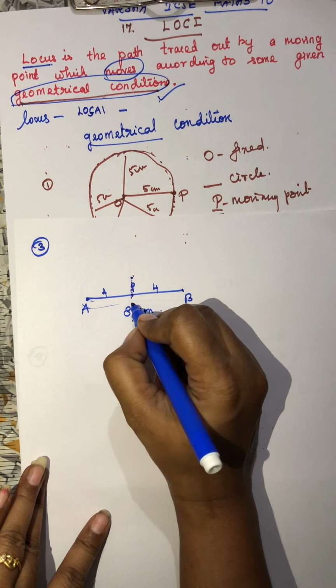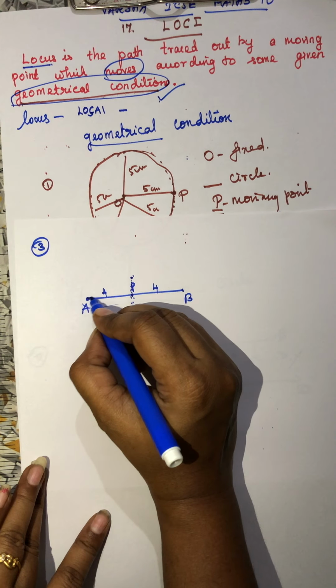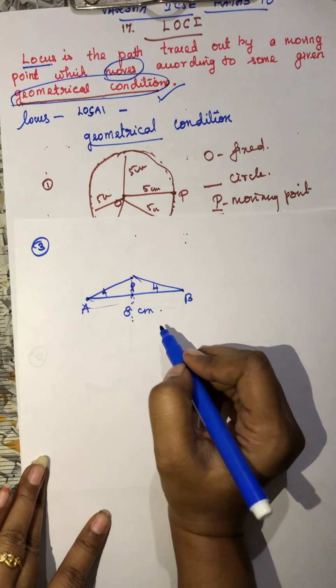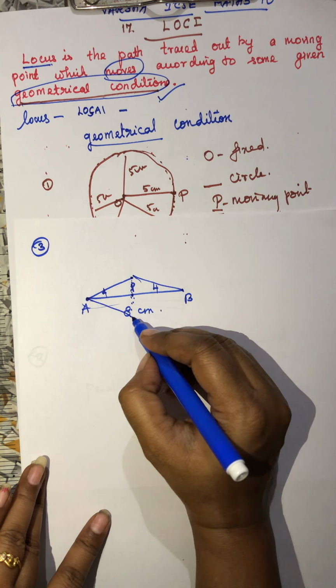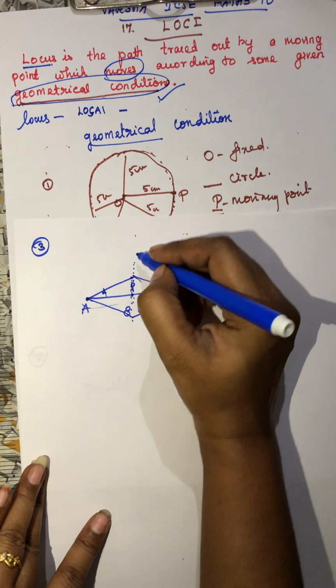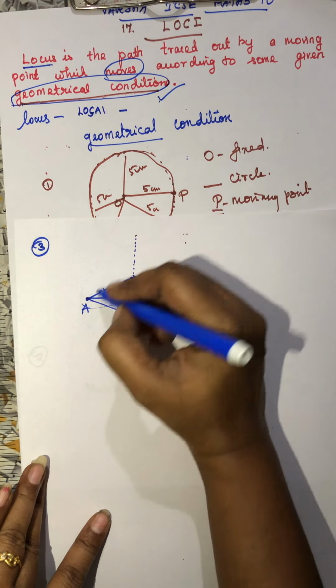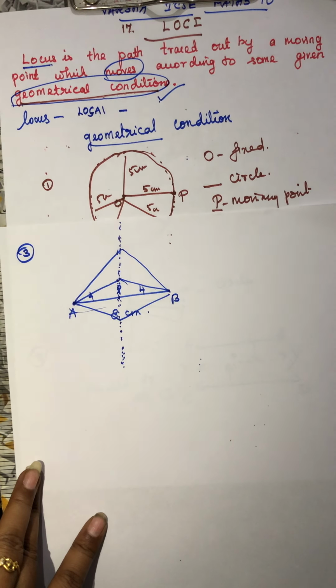What is that condition? It is equal distance from A and B. Here also it is equal distance, and the distance is not changed. The point P is moving along. What do we get finally? What is the locus of this point?